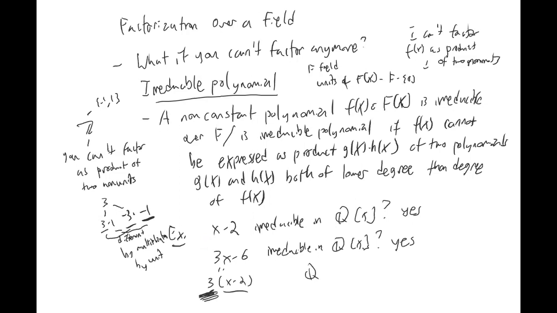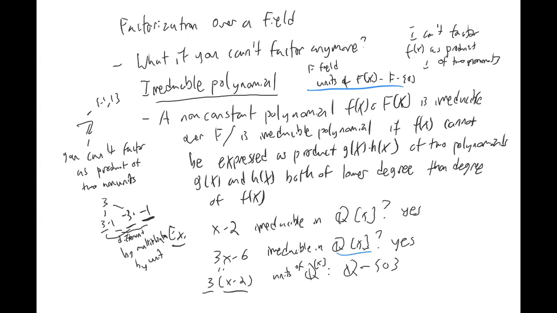Because remember, Q is a field, so its units are Q without 0, and the units of Q of x are also Q without 0. And 3 is certainly in Q without 0. So 3 is a unit. You can certainly factor it as this, but you can't factor it as a product of two non-units. Okay. Is everyone clear on this?